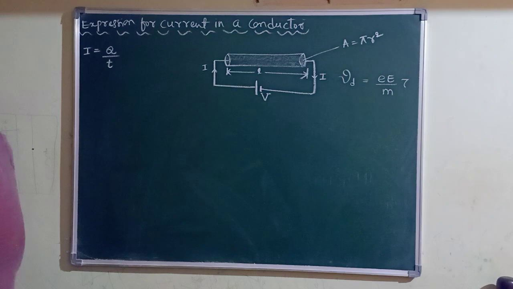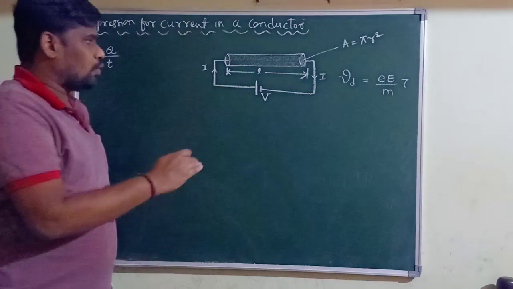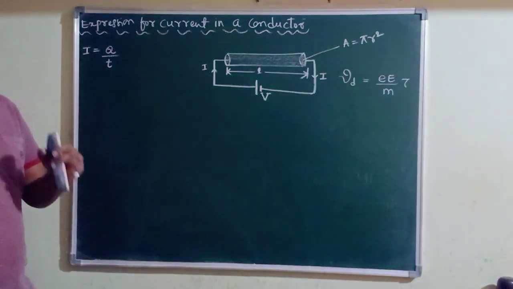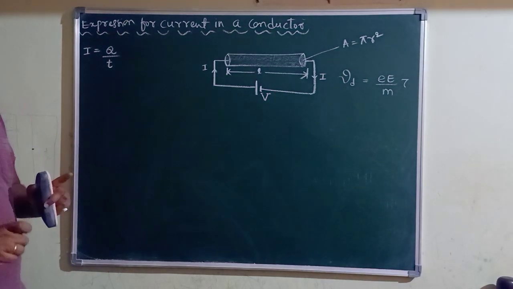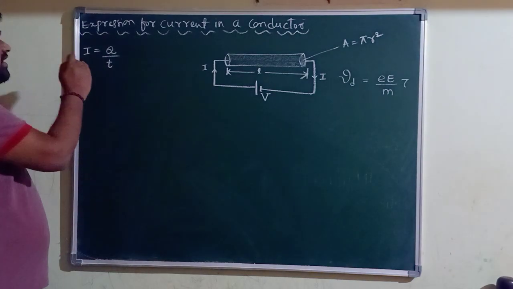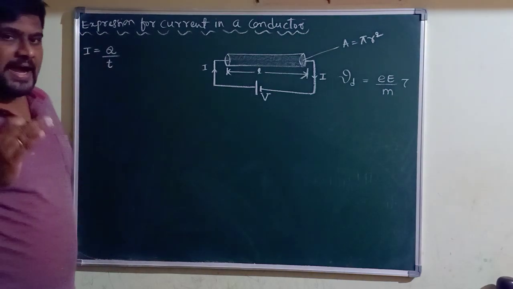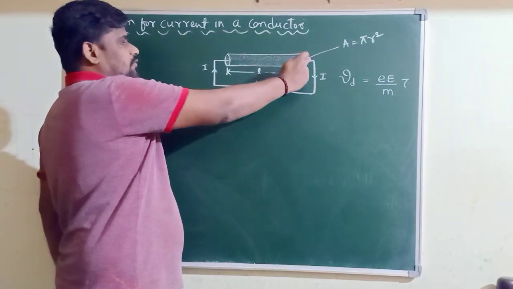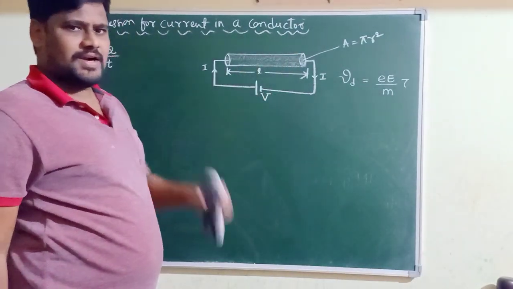What is Q here? Q is the total quantity of charge flowing through a conductor. T is the time taken by the charge to flow from one end of a conductor to the other end.